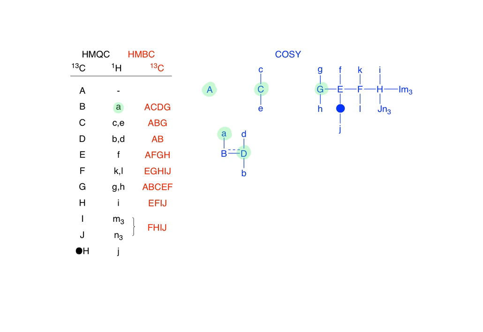The problem is that we're seeing too many correlations of proton A. These could be 2-bond or 3-bond correlations. And so we need a way to distinguish between the more distant correlations. We have the same problem with protons C and E, which show a correlation to carbon A, carbon B, and carbon G. But that doesn't tell us enough about structure.